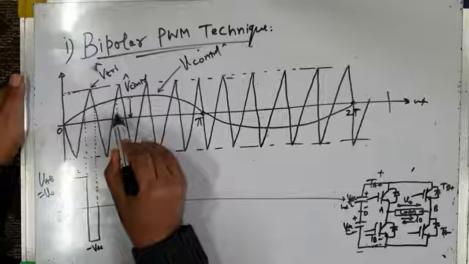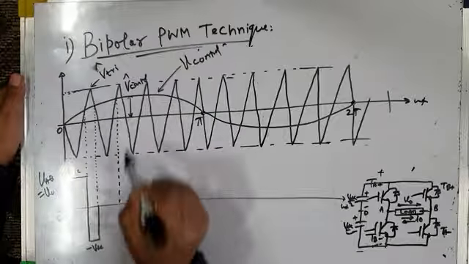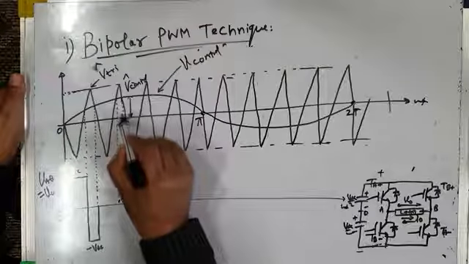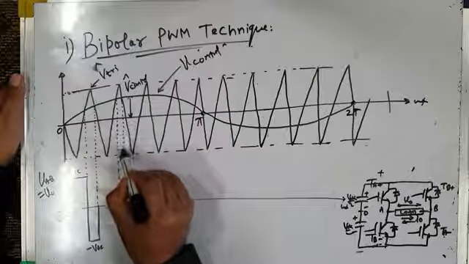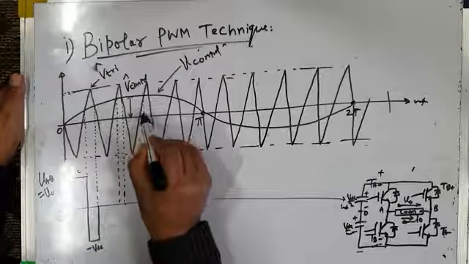Let us draw first of all these projections. We'll draw all these projections, points of intersections.